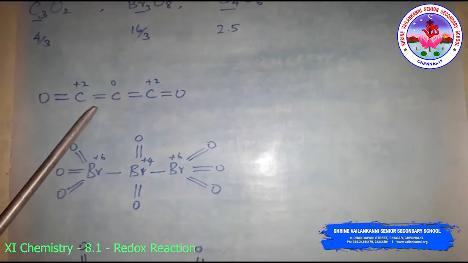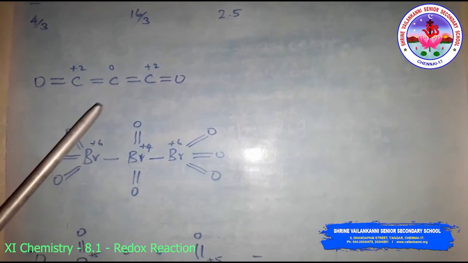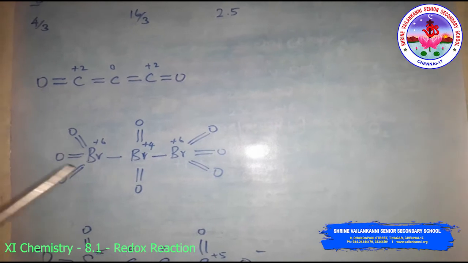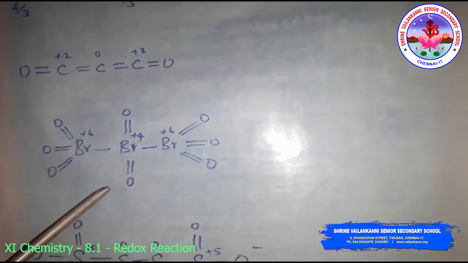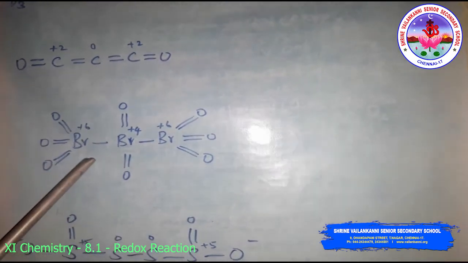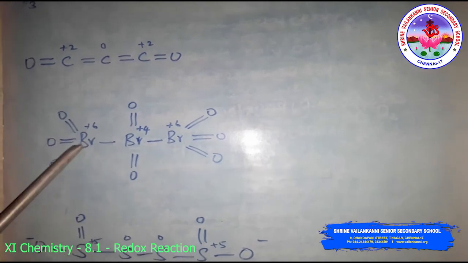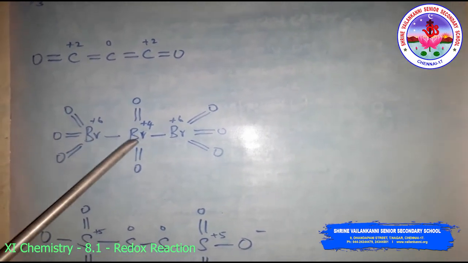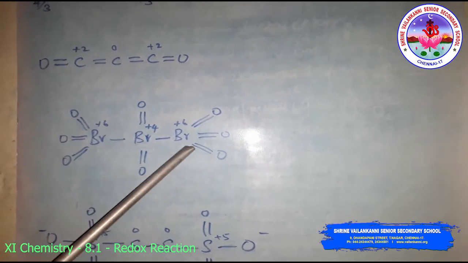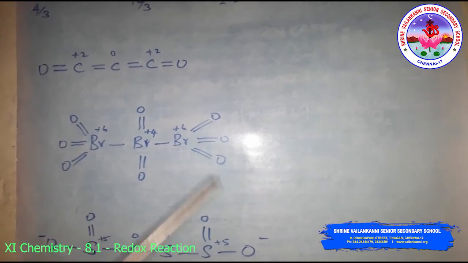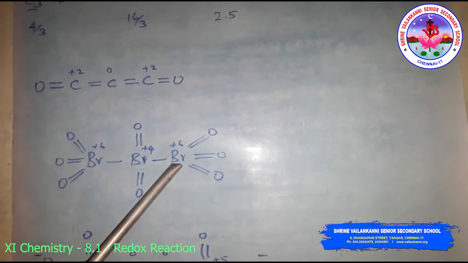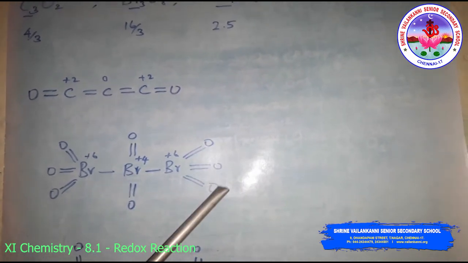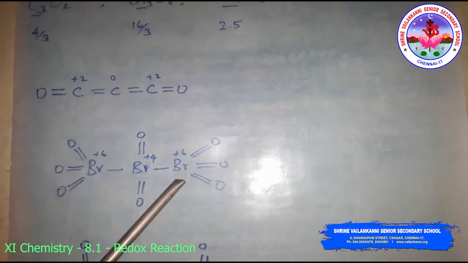Okay. Then look at this tribromine octoxide. The structure is like this. See, Br double bond O, double bond O, double bond O, and here Br double bond O, double bond O, here Br double bond O, double bond O, double bond O. In this, the bromine is connected with 3 oxygen, so minus 2, minus 2, minus 2, minus 6, so it will become plus 6.